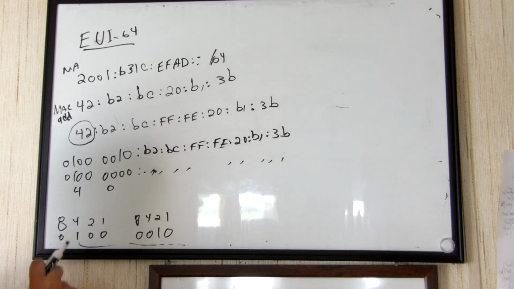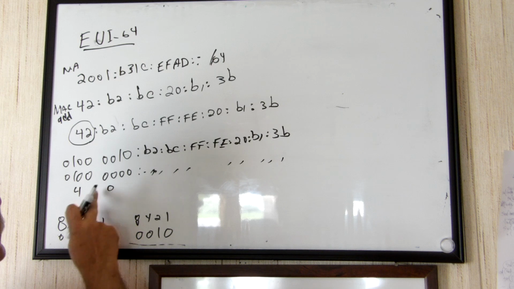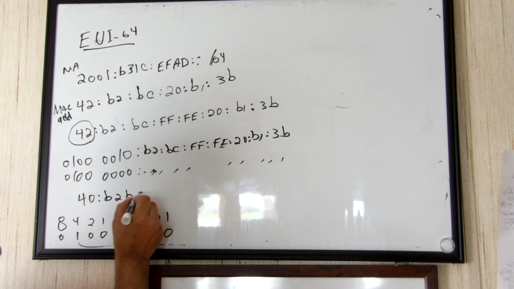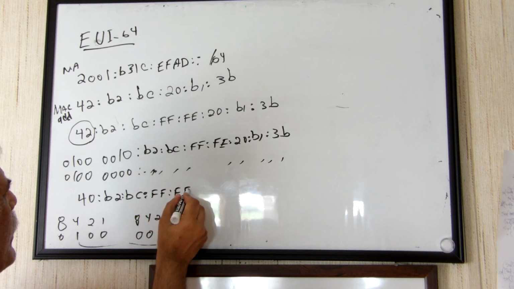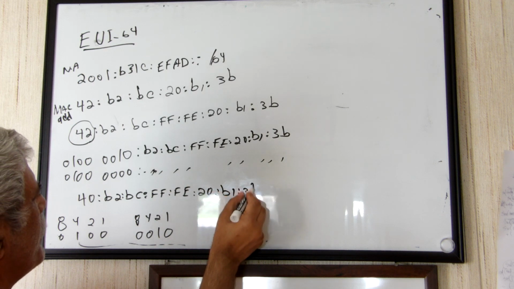So let's write this: 4, 0 instead of 2, and then B2, BC, FF, FE, 20, B1, 3B.